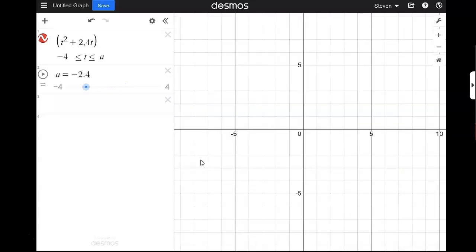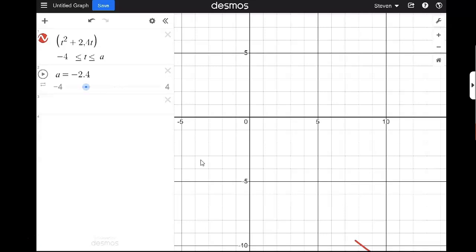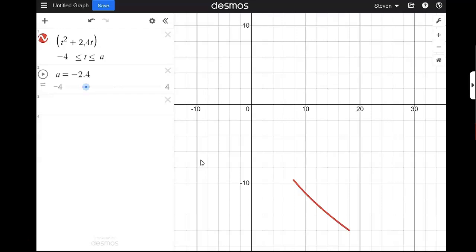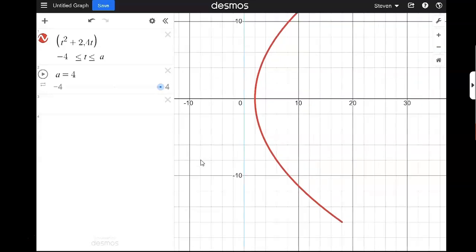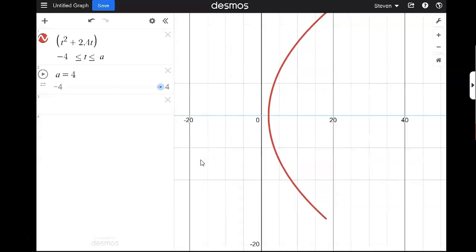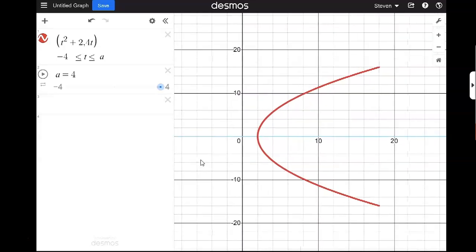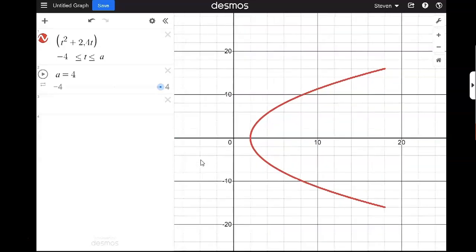So we can actually see the graph generating. It's always nice to be able to see the graph actually generate, starting down at its low point. We can see it slowly coming up and then coming off to its high point. So let me just zoom in a little bit so we can see that. And there we are with our curve.